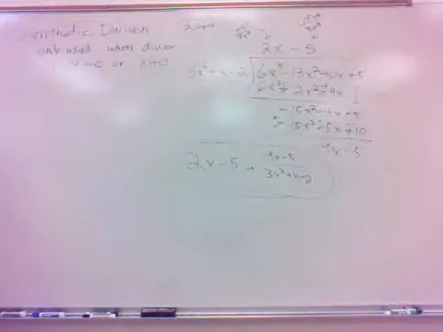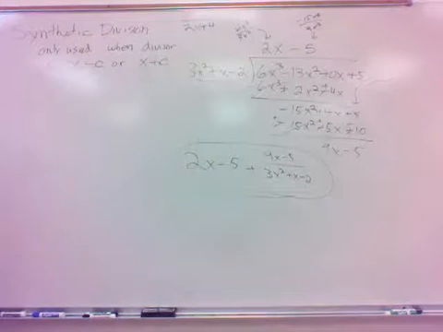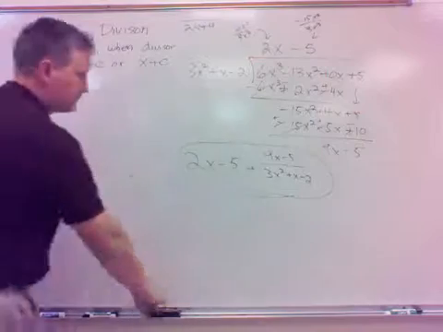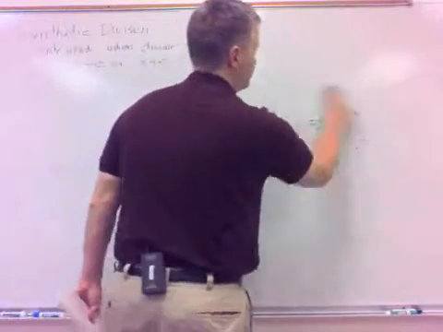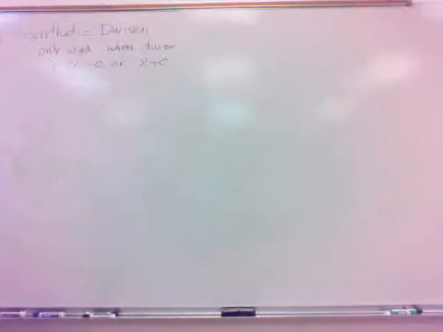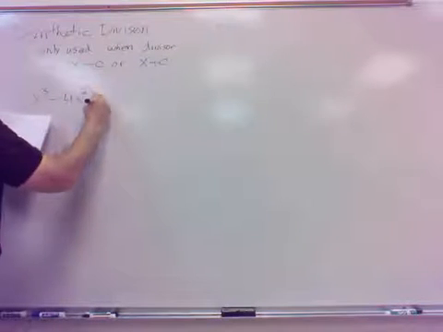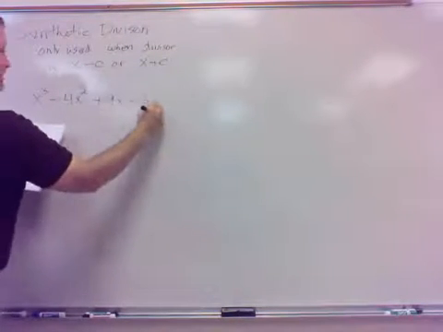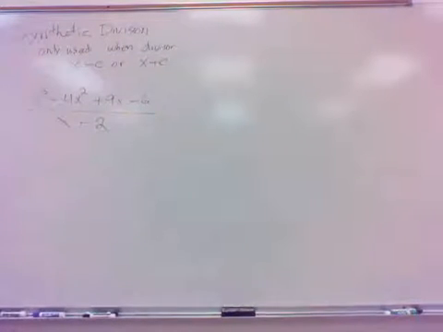But here's what happens. On synthetic division, it just shortens the process a little bit because we take out all reference to variables while we're working anyway. Here's how it works. Let's say I've got x cubed minus 4x squared plus 9x minus 6 over x minus 2.